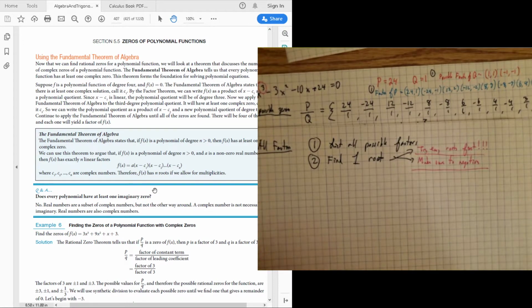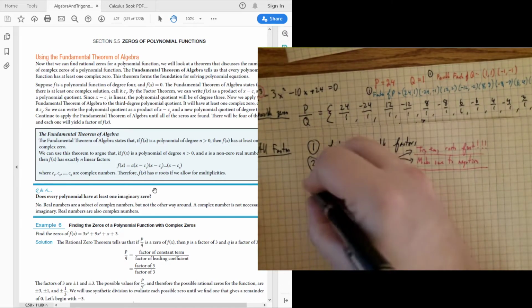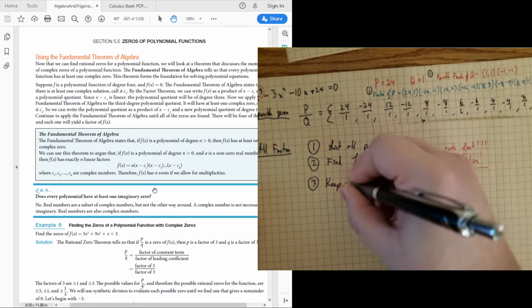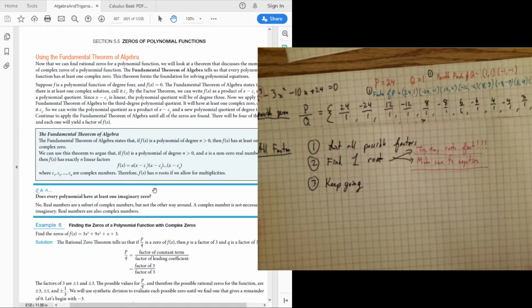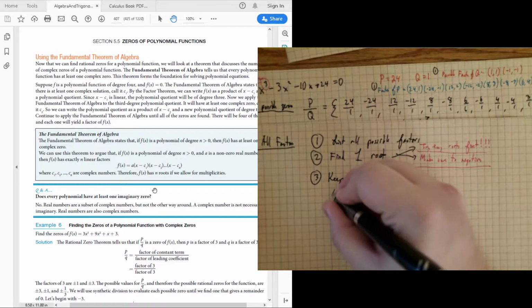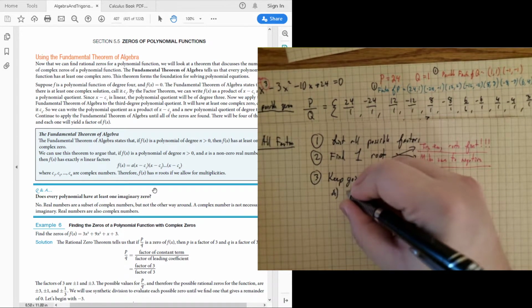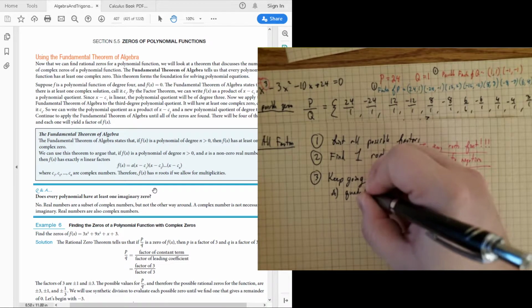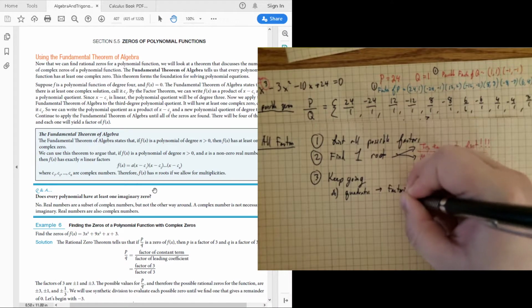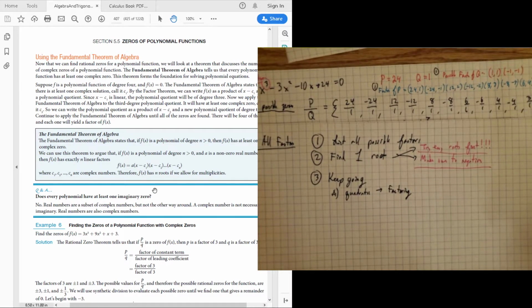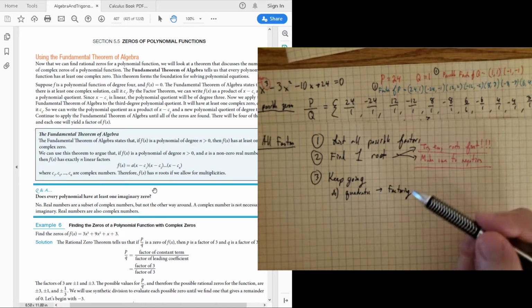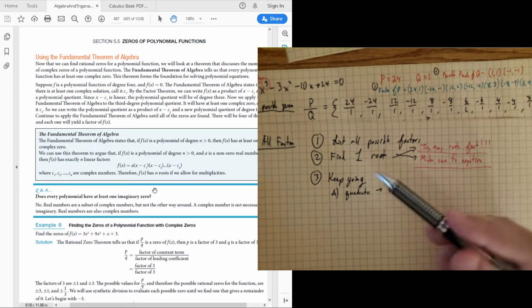Next one. Once you've found one root, you can either keep going, keep trying more roots, or option A, if you're down to a quadratic, you try factoring. If you're not very good at factoring, you may decide to just keep doing these over and over again.